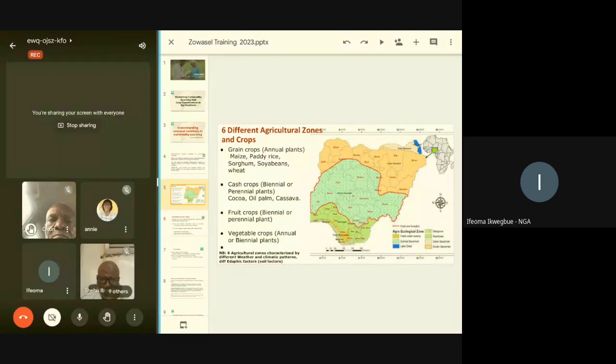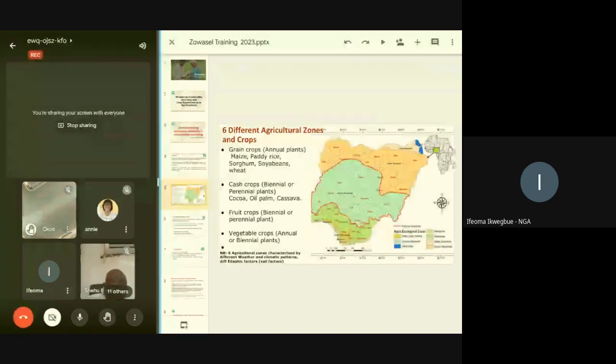Basically, the grain crops are annual crops that have a lifespan of a year. For example, grains like maize, paddy rice, sorghum, soya beans, wheat, and some others. Whilst cash crops, basically within the southwestern and southeastern part of the country, produce cocoa, oil palm, cassava, and others.